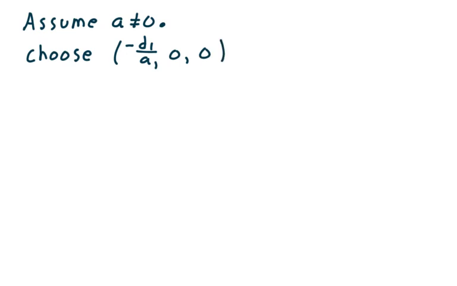Okay? Now, remember, the plane is AX plus BY plus CZ plus D2 equals 0.